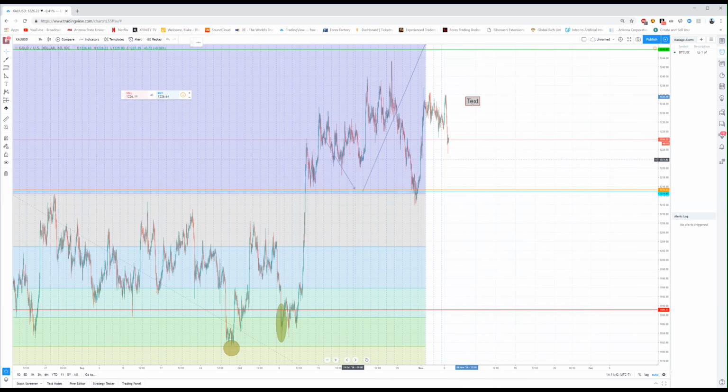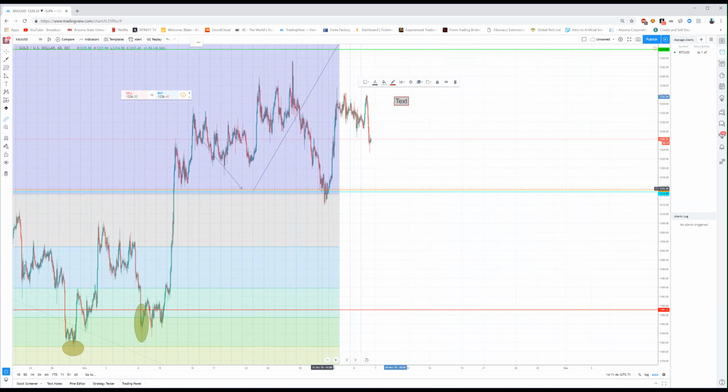We didn't even measure anything yet, so I have to measure it first. From entry, we entered right here on that wick with the buy limit, and then it went down initially, with 34, 35 pips of drawdown.